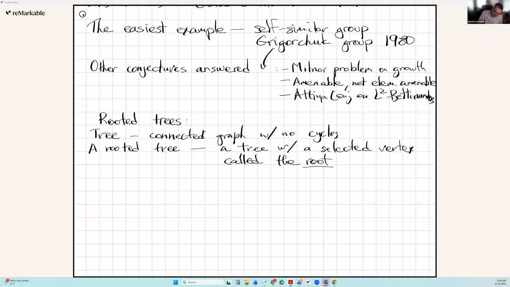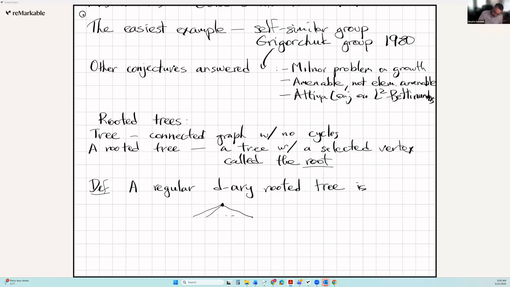So, definition: a regular d-ary rooted tree is, well, maybe I'll just draw a picture, so that I save a little time.